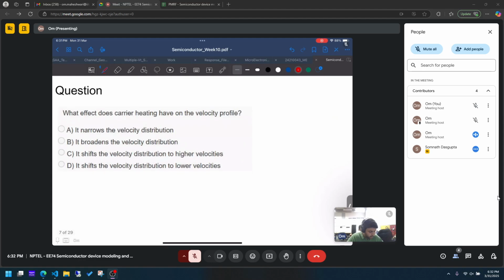What effect does carrier heating have on the velocity profile? So what would happen if the carriers are more heated or energized? What will happen to the velocity? So will velocity increase or decrease? What will happen?